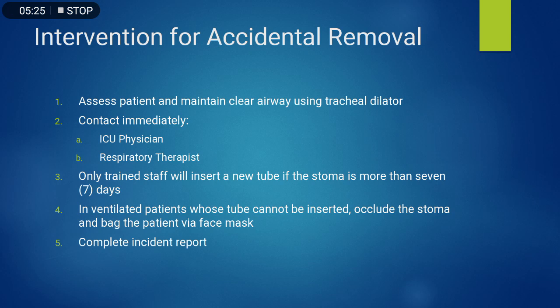Only trained staff will insert a new tube if the stoma is more than 7 days old. In a ventilated patient whose tube cannot be inserted, occlude the stoma and bag the patient via face mask. So what are you going to do? Occlude the stoma with sterile gauze and then complete the incident and accident report.